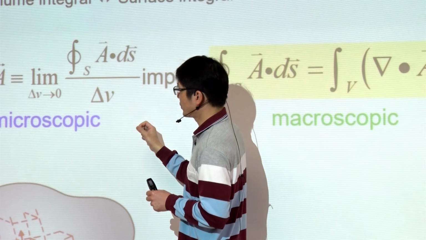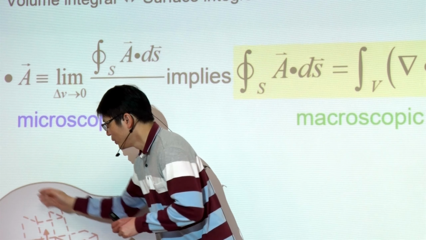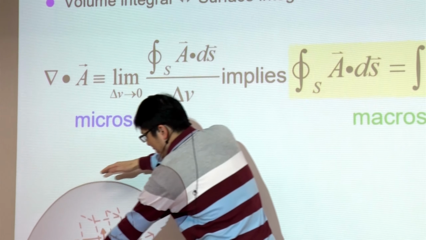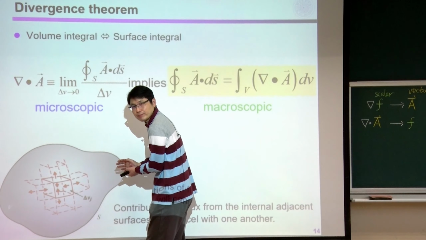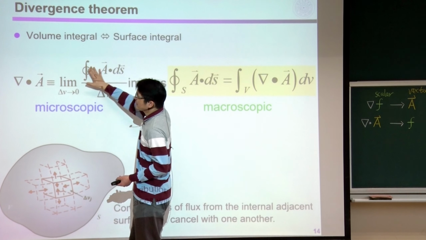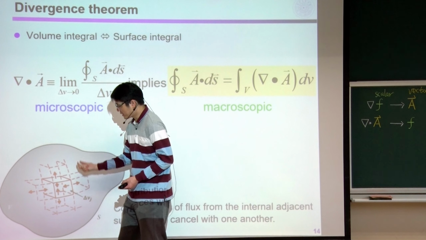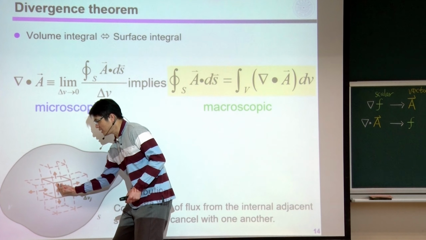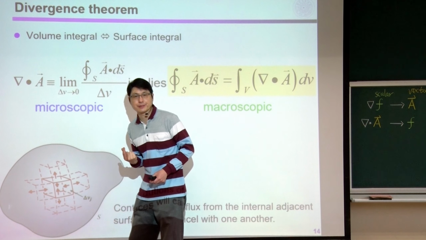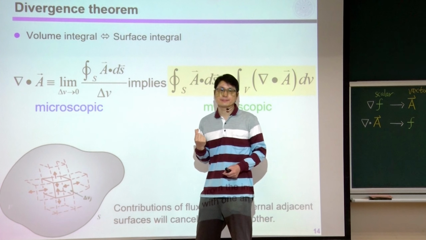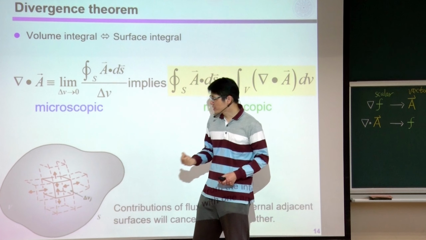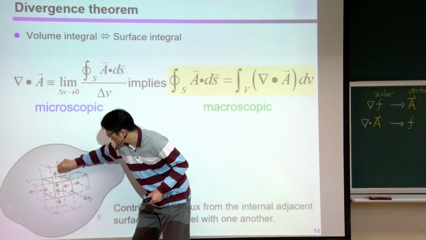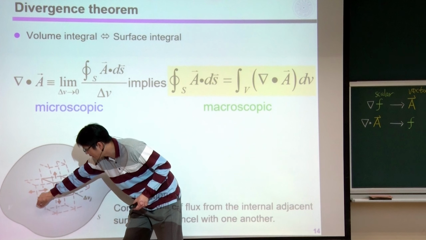I have a very big structure, but from the definition of divergence of A, I'm calculating the flow of a very small box inside this structure. So for each point, for each small cube, I know its divergence value.